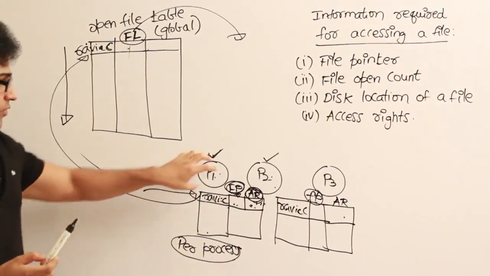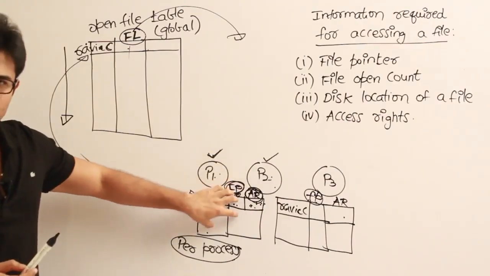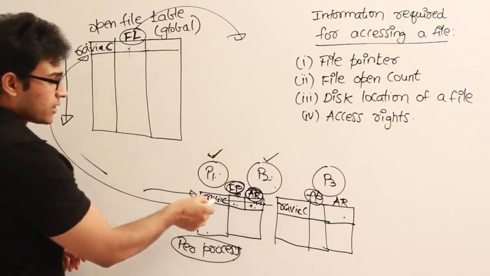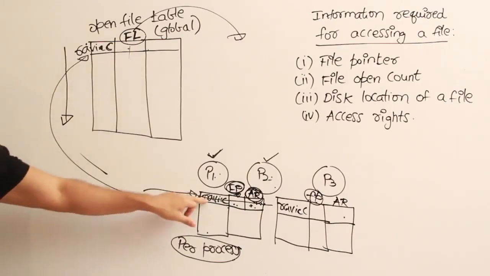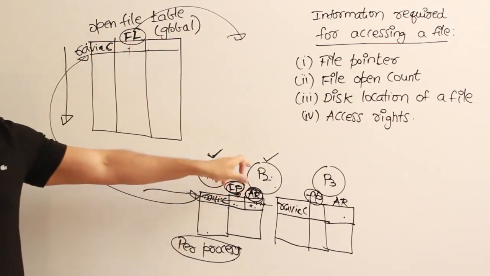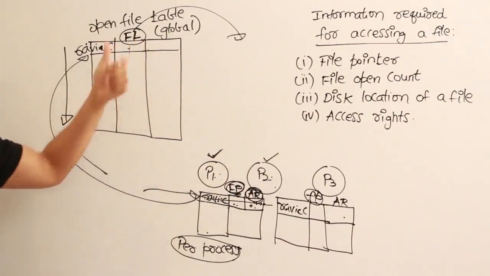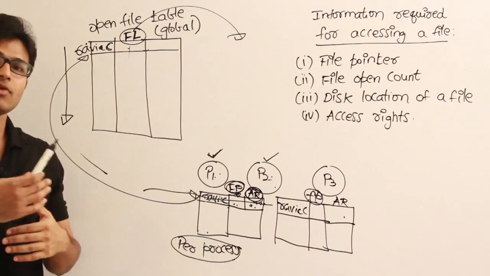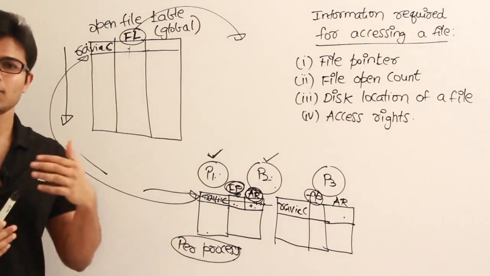Let us say if a file is opened by only one process, then of course if it closes it, you are going to delete the entry here, right? And then can I delete the entry here also? That depends on whether all the other processes which have opened this file have closed it or not.